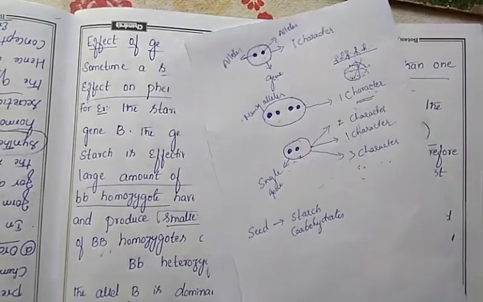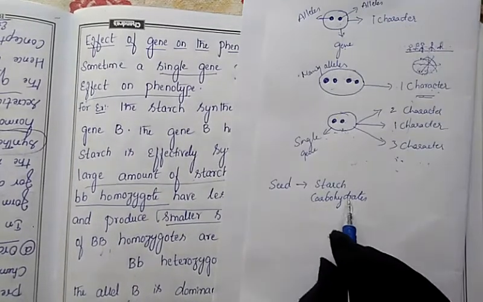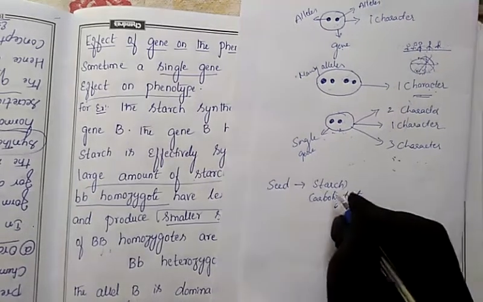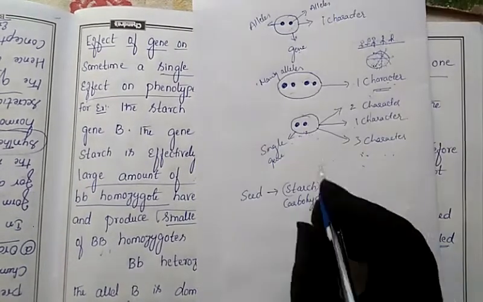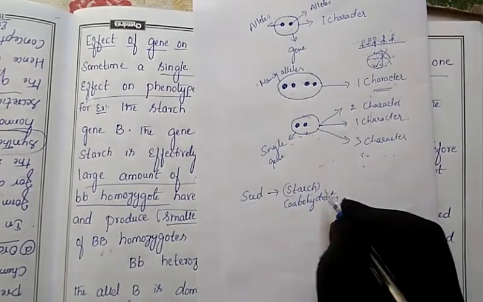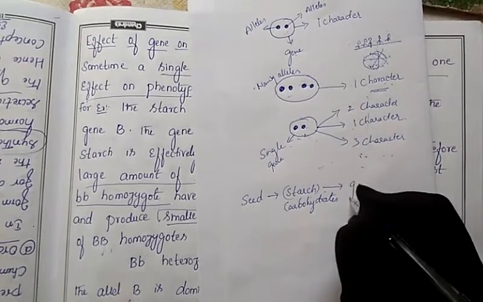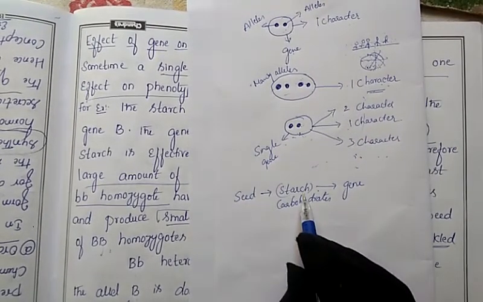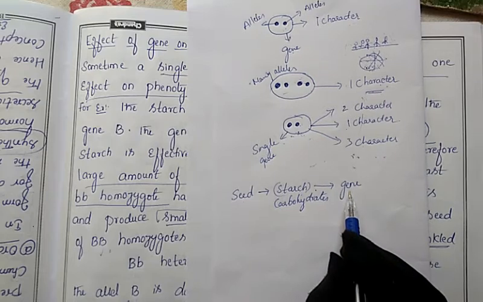Starch is a type of carbohydrate. So by a single gene, carbohydrate is produced in the seed. That means starch is produced in the seeds. If starch is to be produced inside the seed, for that also one gene is responsible. If starch production is to take place in the seed, who is responsible?